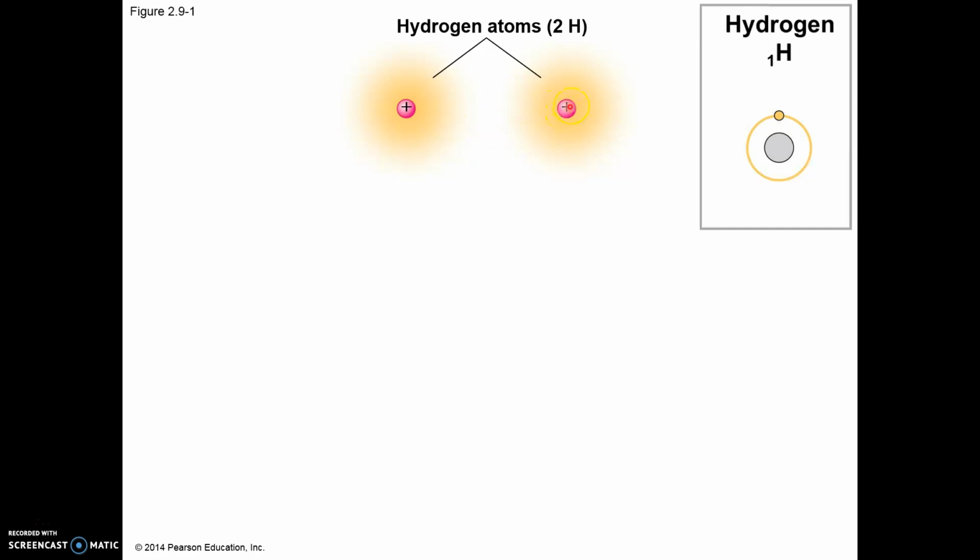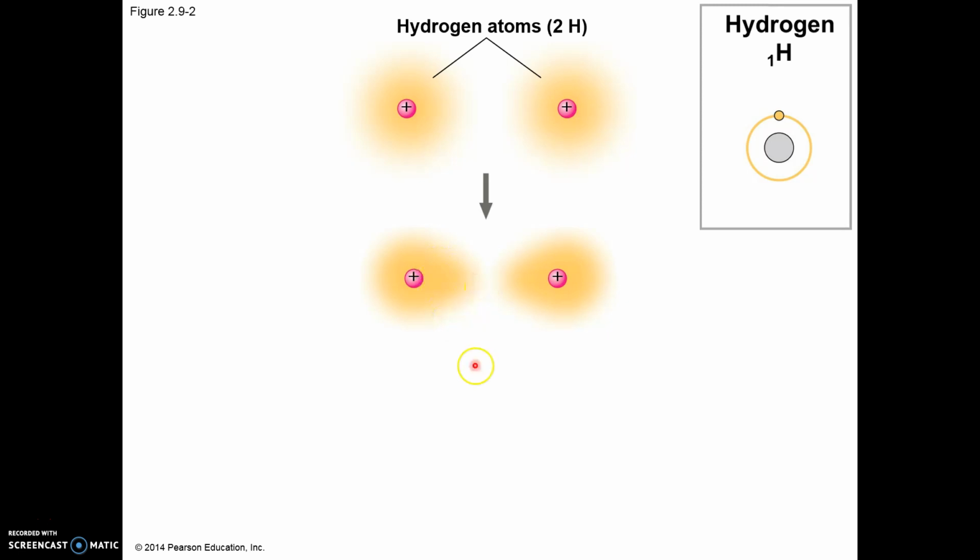Okay? So as these individual atoms become close together, what's going to happen is the electron cloud of this atom is going to be drawn towards the nucleus of this atom, and vice versa. So this electron cloud is going to be pulled towards the positive character of this atom's nucleus.